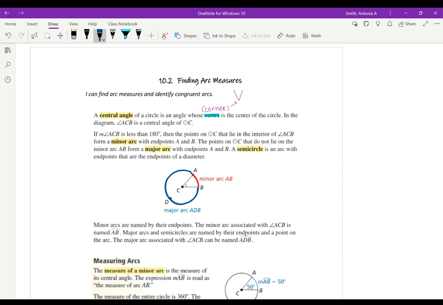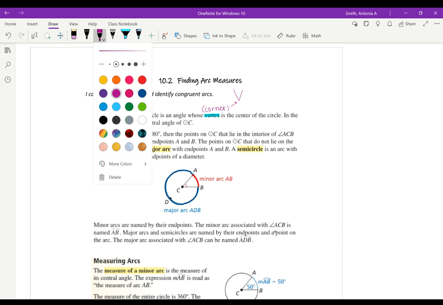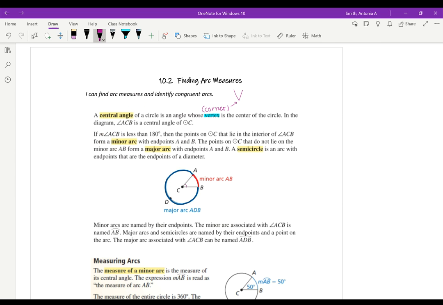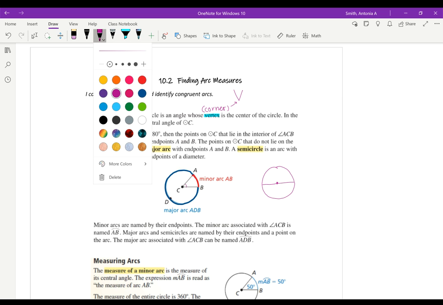A semicircle is a type of arc where the endpoints are the endpoints of a diameter. So let me draw an example of a semicircle. Okay, so here's the center. The diameter goes from one edge to the other, right through the middle.